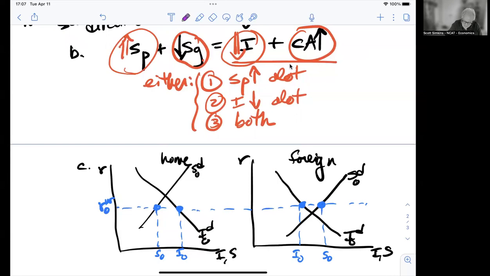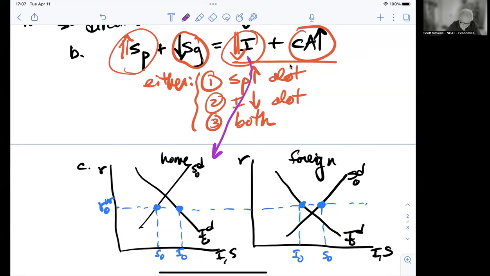So now, let's use this one. All right, let's say that desired investment falls here. The question is, how can we actually get the situation that is occurring here to happen, right?